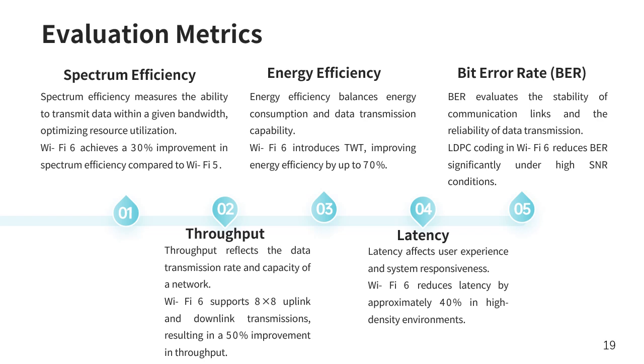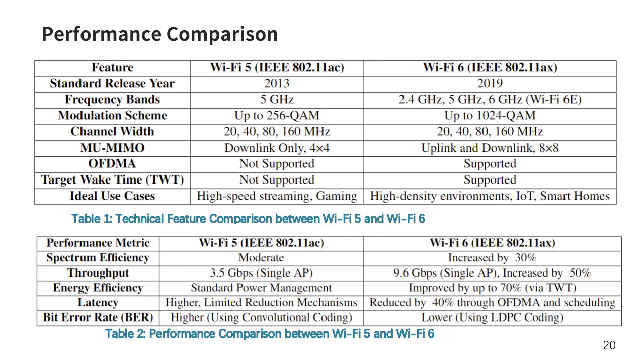Now let's see how these improvements stack up in a direct comparison. Here we have two tables. This table contrasts Wi-Fi 5 and Wi-Fi 6 across technical features and performance metrics. Let's first see the technical features comparison.